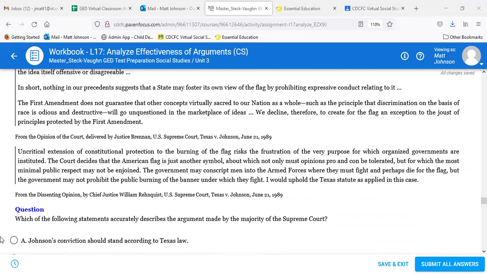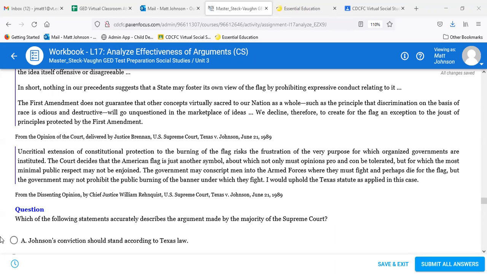So this is from the dissenting opinion by Chief Justice William Rehnquist, U.S. Supreme Court, Texas versus Johnson, June 21st, 1989. So dissenting opinion, that means this was the unpopular opinion. When there's a Supreme Court ruling, there's the majority opinion, and one of the justices that was part of the majority writes why that was the decision.